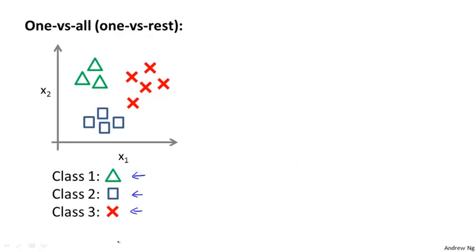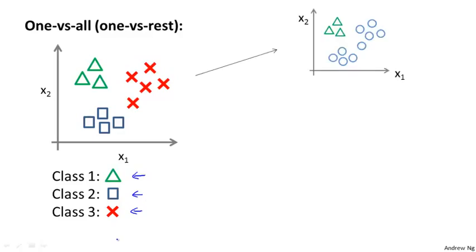What we're going to do is take our training set and turn this into 3 separate binary classification problems. So turn this into 3 separate 2-class classification problems. So let's start with class 1, which is a triangle. We're going to essentially create a new sort of fake training set where classes 2 and 3 get assigned to the negative class and class 1 gets assigned to the positive class.